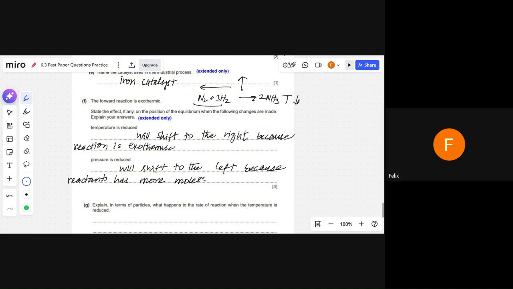I hope this is clear. It is always useful to look at the marks, as it guides us how much we should write and how detailed our answer should be.